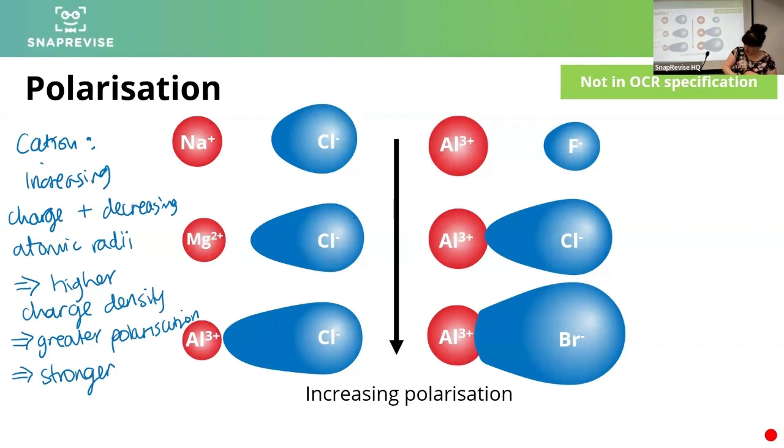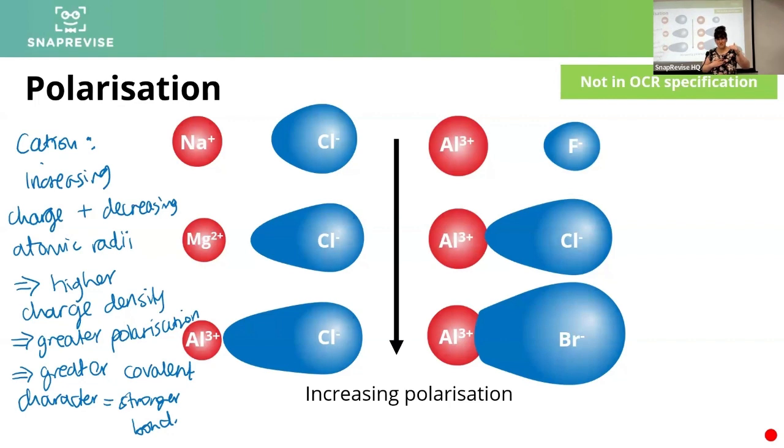I'm going to add in another layer here as well. Greater polarization, which means greater covalent character, which is a stronger bond.